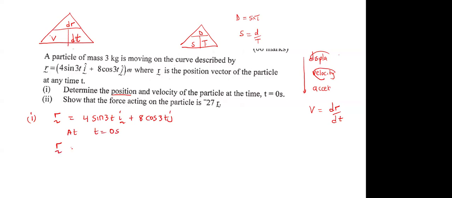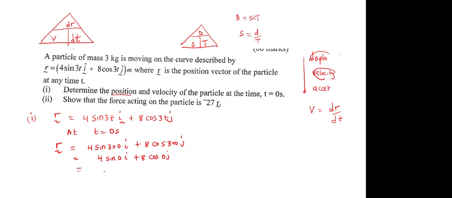So this will be 4 sine 3 times 0 i plus 8 cos 3 times 0 j, that is 4 sine of 0 i plus 8 cos of 0 j. Then you place your calculator.